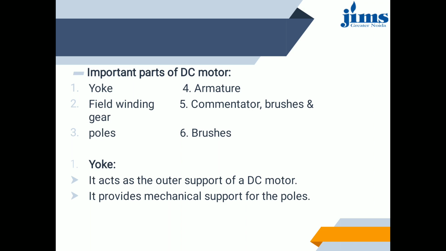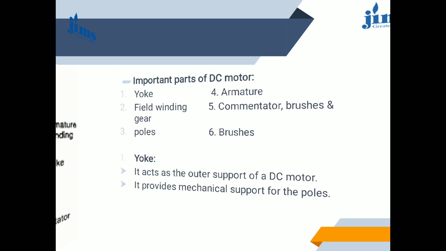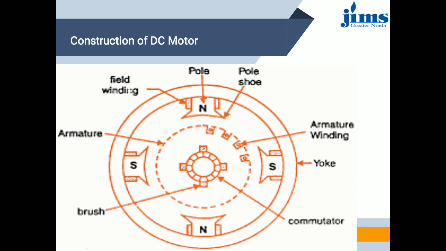The field poles are usually formed of laminations, thin sheets of steel, and are bolted to the frame or yoke, to which are also fastened the end bells with their bearings and brush ring. In a small machine, the poles are cast integral with the yoke from cast iron due to its low cost and less maintenance required by individual parts.